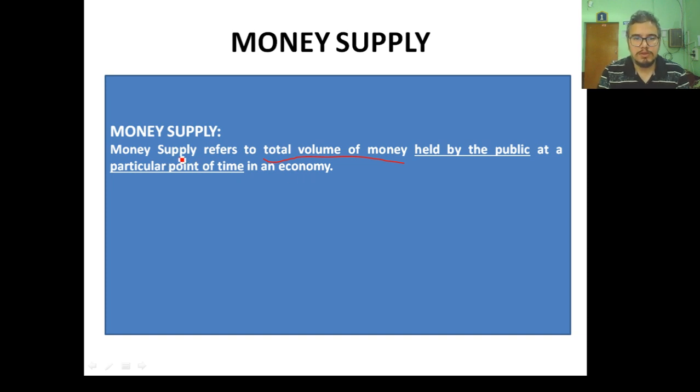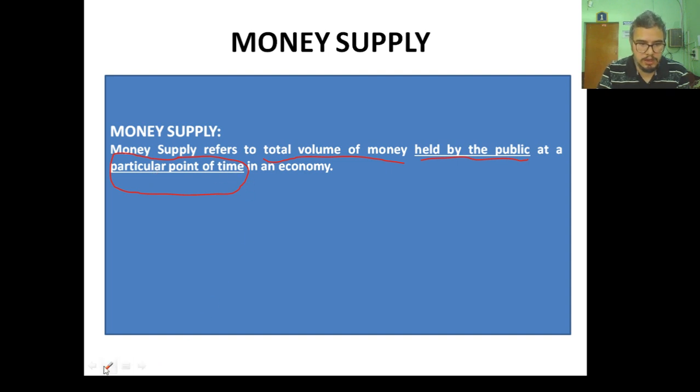Here there are in total three keywords in this definition. First is total volume of money, second is held by the public, and third is particular point of time.